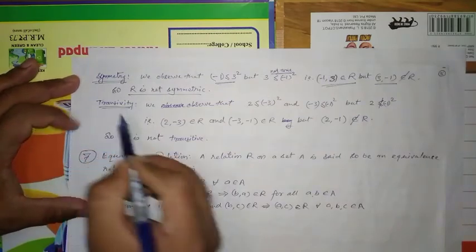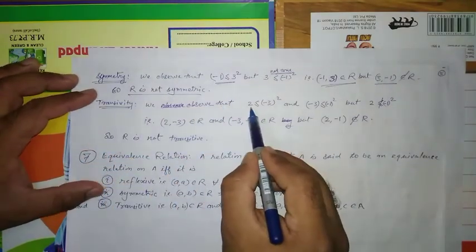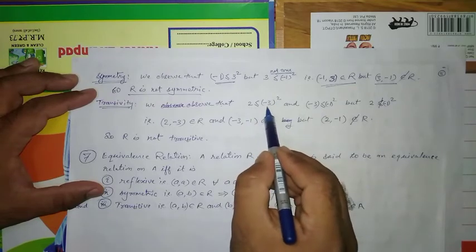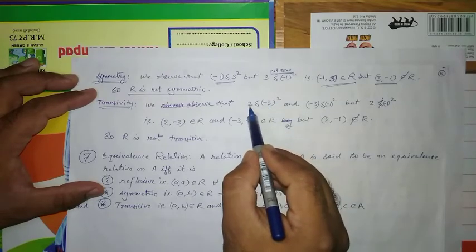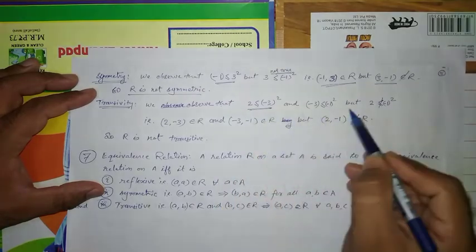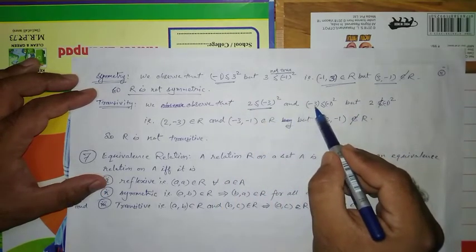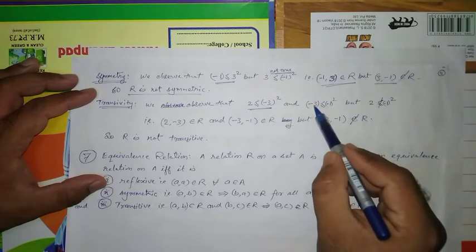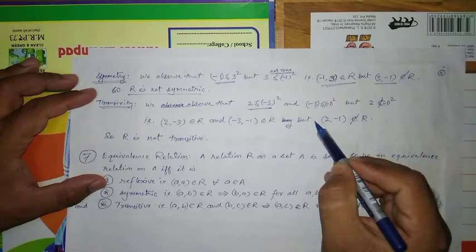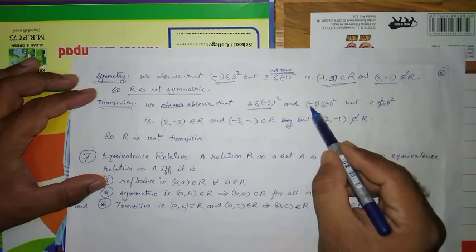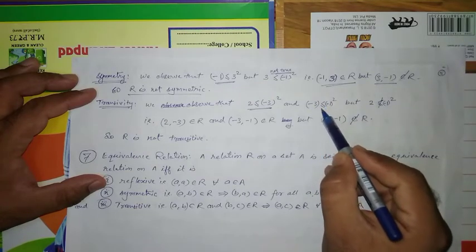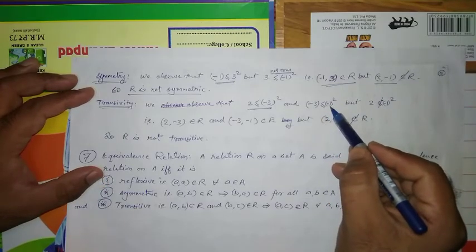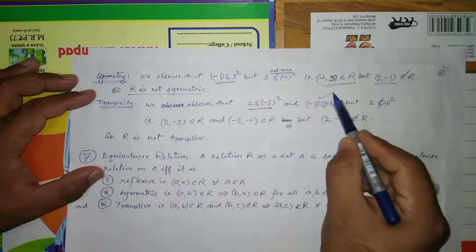Transitivity also we will check. We observe that 2 ≤ (-3)², definitely that is true, since this is 9 and this is 2. And -3 ≤ (-1)², which becomes 1, so -3 is definitely less than 1, and this is also true.